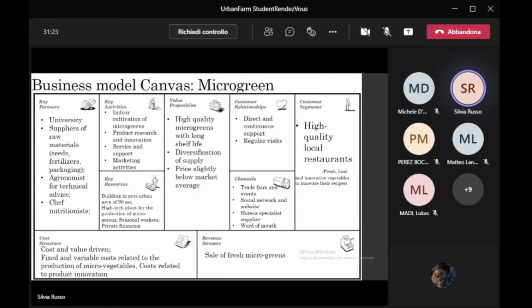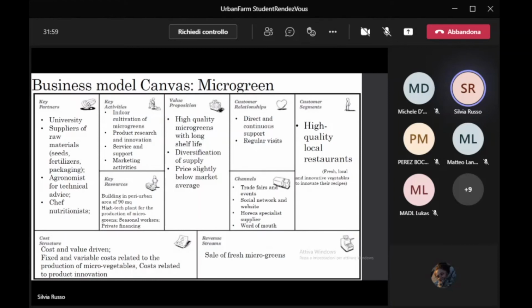In addition, the company collaborates with the university, and the company considers their suppliers as partners: suppliers of raw materials, seeds, fertilizer, packaging, etc. And also the agronomist for technical advice, and the chef to carry out product research and innovation.